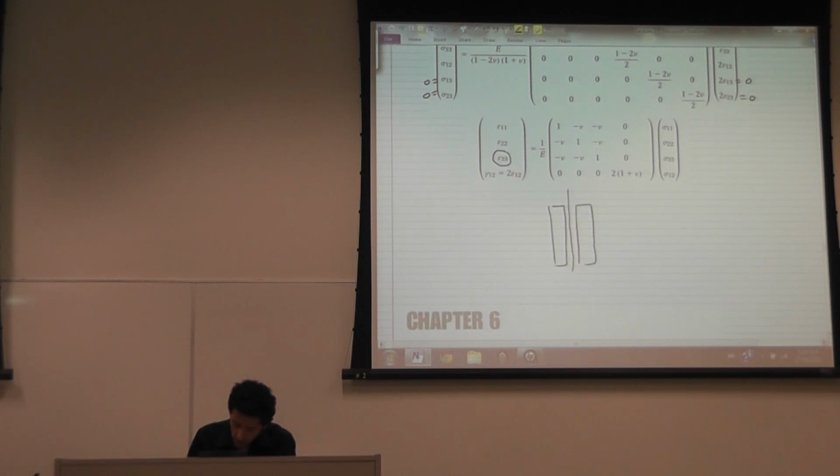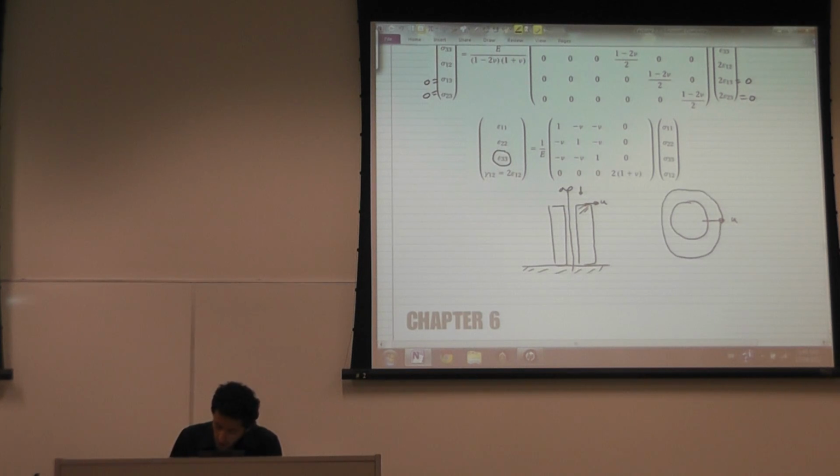This is the axis of symmetry. I don't really care except for the one cross section. It's moving out by a distance u. When I look from the top, this moved out by u. So now this is where it is, with a little bit of exaggeration.